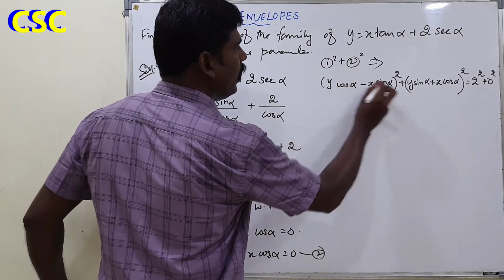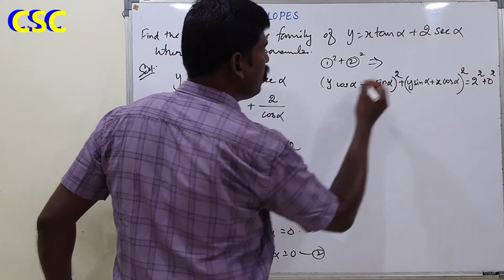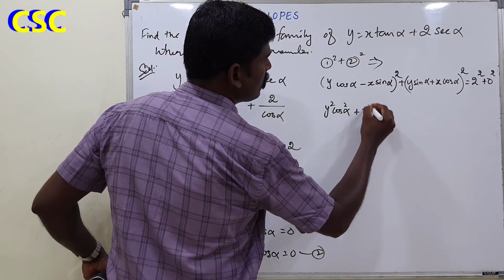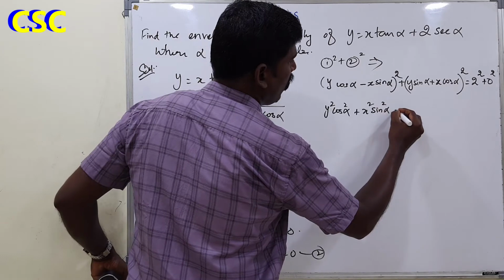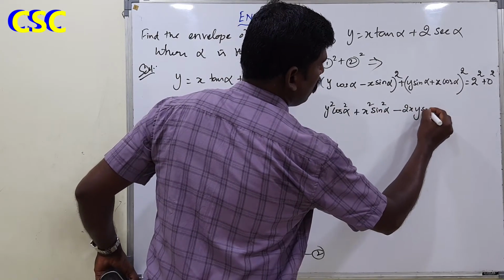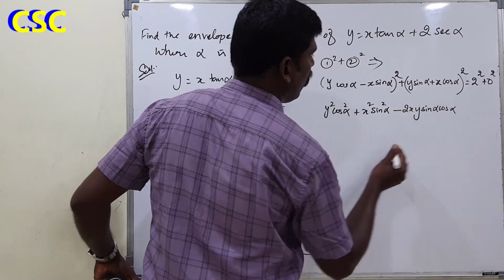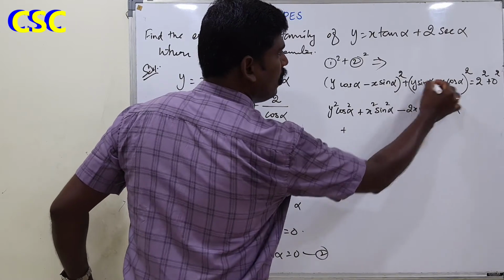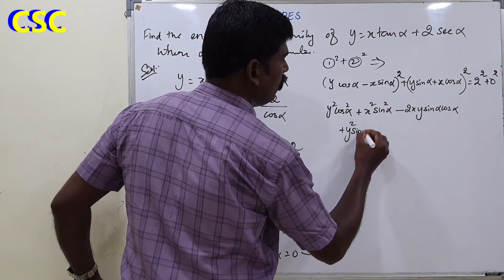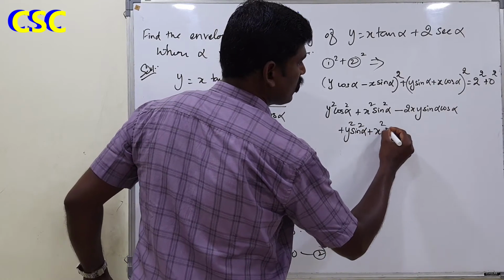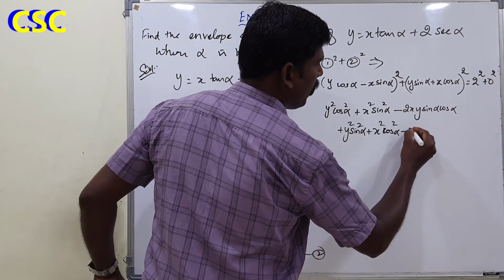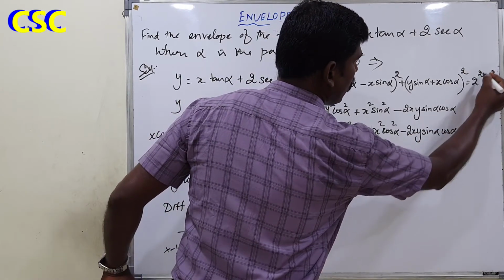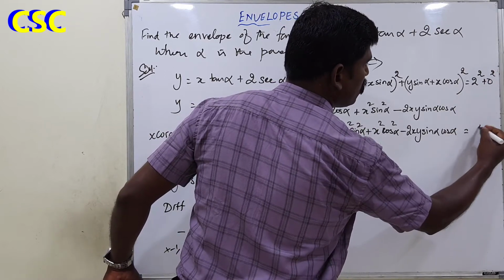Right? So taking the expansion of a minus b the whole square and a plus b the whole square. Okay? So it will become y square cos square alpha plus x square sin square alpha minus 2xy sin alpha cos alpha, which is the expansion of a minus b the whole square. Plus y square sin square alpha plus x square cos square alpha plus 2xy sin alpha cos alpha, equal to what is on the right hand side? 2 square is 4, 0 square is 0, so 4 plus 0 is 4.